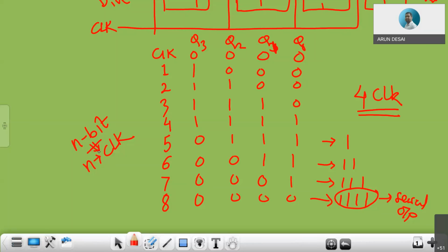But where are these types of registers actually used? In long distance data transmission, where this type of arrangement is used to send and receive the data, right? So in case of long distance transmission, serial in, serial out kind of data entering and retrieving process is used, right?